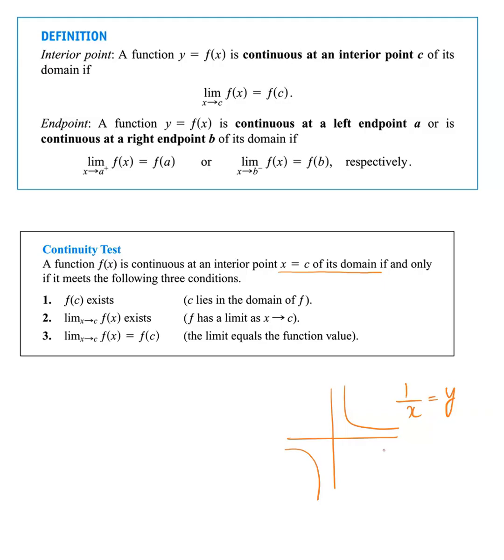But if you look at the definition closely, it says it is continuous at an interior point of its domain. So the domain itself says we can go from negative infinity to 0, union 0 to infinity. This is the domain for this rational function. So in its domain, it is continuous because the domain eliminates 0 already.